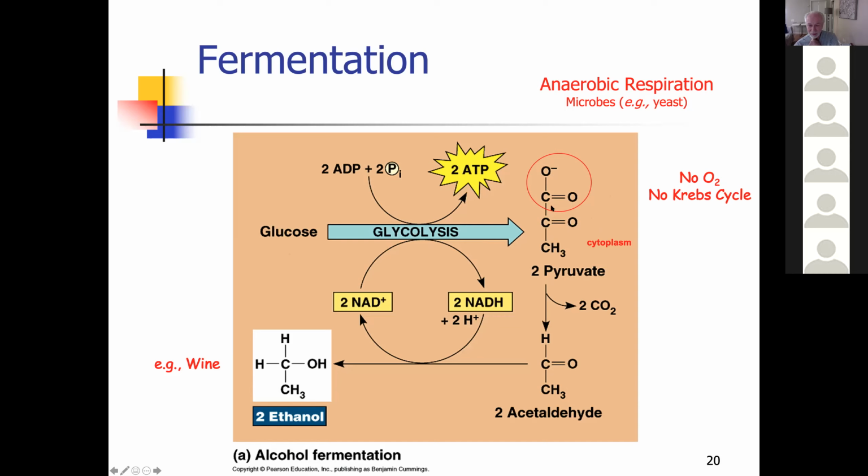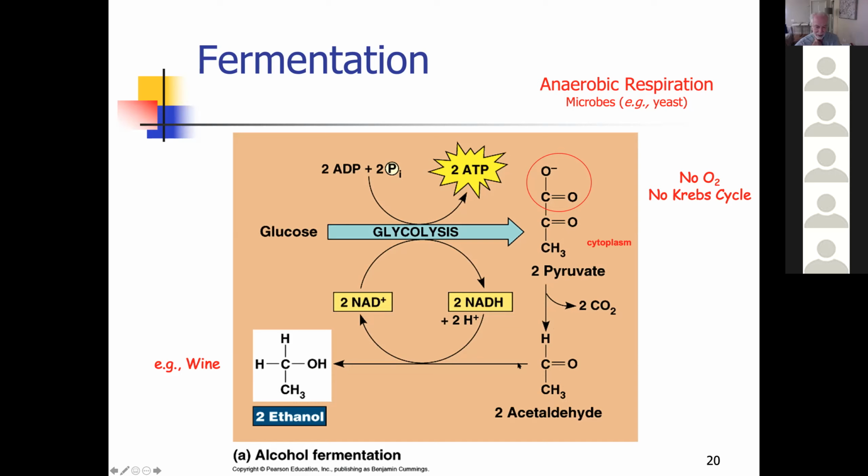So then pyruvate can be converted by yeast to acetaldehyde with the loss of a carbon dioxide. So this carboxyl group here goes off as carbon dioxide, and you go from a 3-carbon compound to a 2-carbon compound, acetaldehyde.